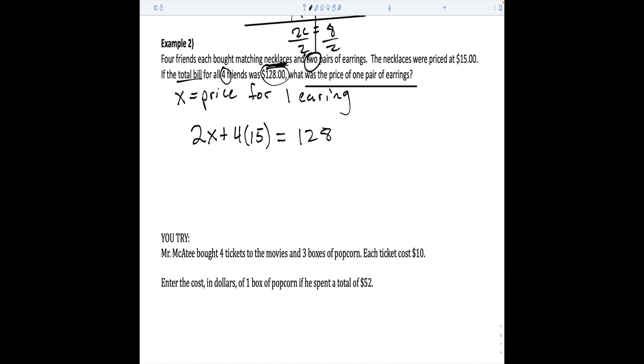Holy moly, this is trickier than I thought. 4 friends each bought matching necklaces and they bought 2 pairs. Okay, this wasn't what I wanted to do, but sure. Good catch. I'll mark it as a blunder, Cooper. Change the 2 to an 8. You should not have something that tricky likely on the test, but thanks for catching it.